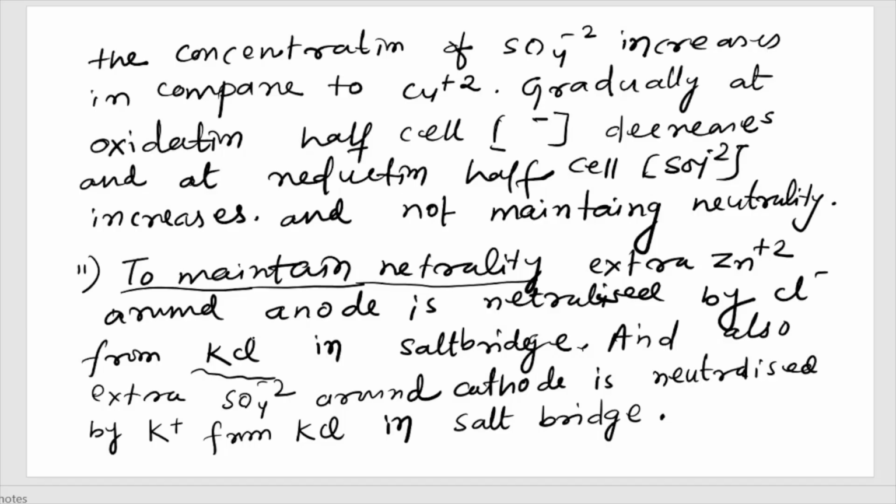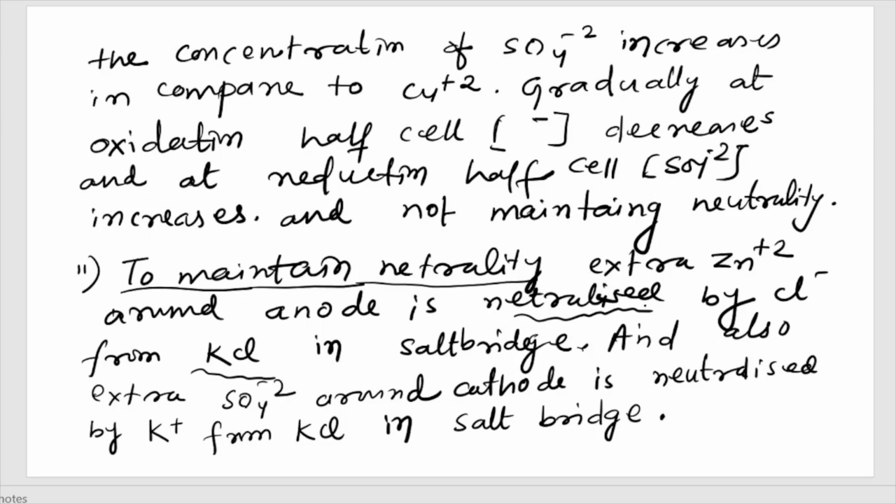In the salt bridge, potassium chloride is there. Then Cl-, as a negative charge, is helpful for neutralizing the extra Zn+2. That means extra Zn+2 is neutralized here by the Cl-.